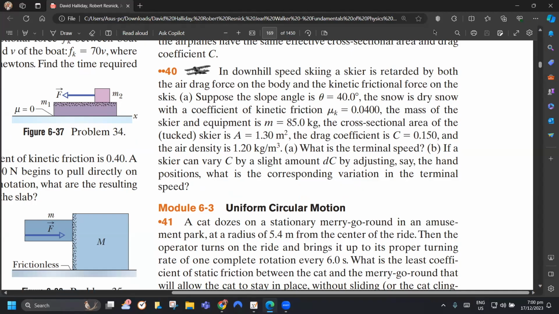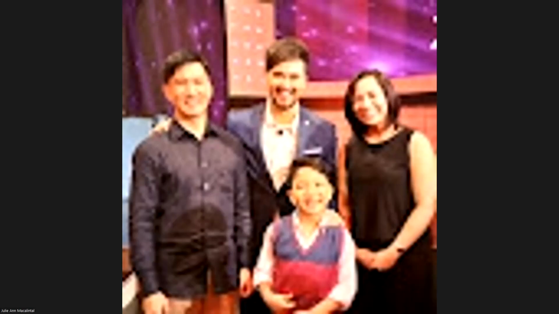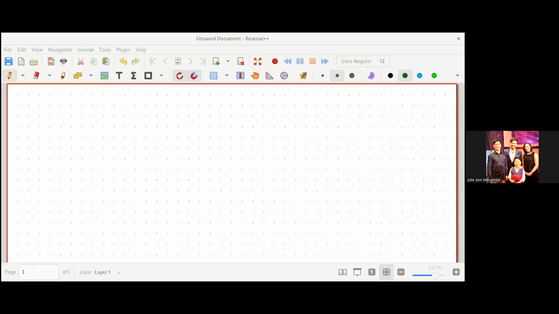Para makita mo, ito yung downhill. Ito yung block pa rin, yung model natin for the skier. So, moving downhill siya, tapos may kinetic friction, tapos may drag.